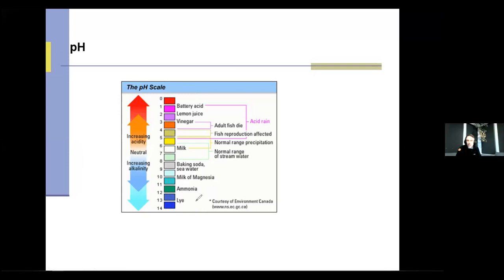CO2 is up here in the acid range. CO2, any acids we use, it's all going to be sitting up here. Whereas down here, a lot of the product you're going to be using, especially coagulant, is going to be sitting down here, a bit on the basic side.